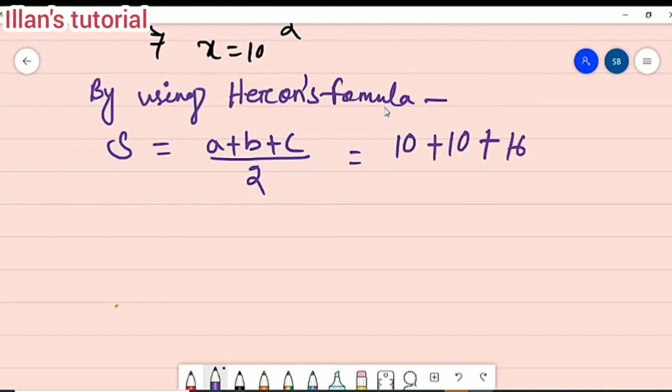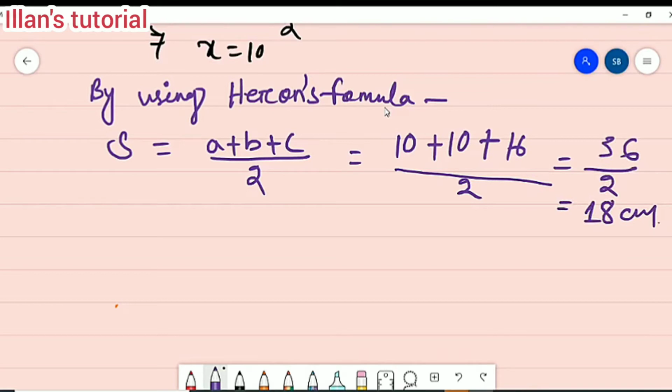Here A is 16 and the other two sides are 10 and 10. So this is divided by 2, and here 36 divided by 2 is equal to 18 centimeter.